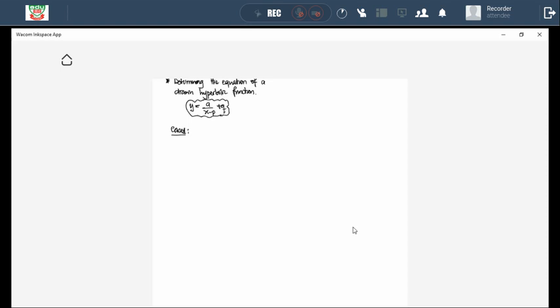The first one is when you are given the asymptotes and another point where the graph passes through.